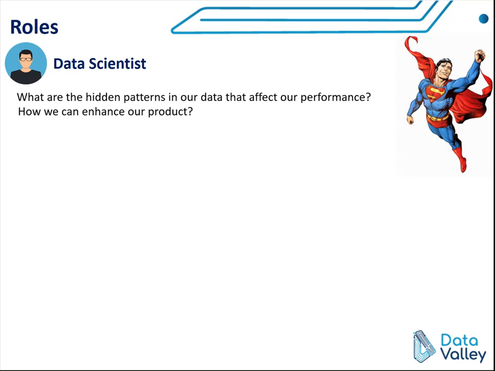Another example is how we can improve our product, what we can do or what we can add to our product to make it better. And here comes the role of data scientists, to analyze existing data sources and begin to implement prediction models or machine learning models to give us conclusions and recommendations to enhance the product or the service. We just mentioned one example for this task, which was for the Liverpool football team, where the data science team gave recommendations to enhance and boost team performance.